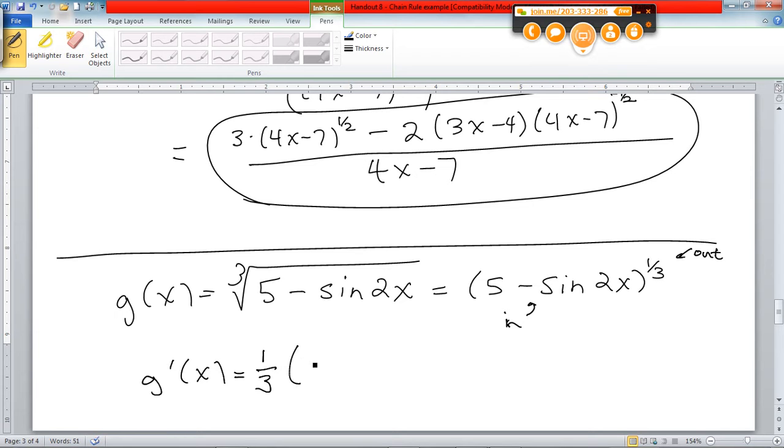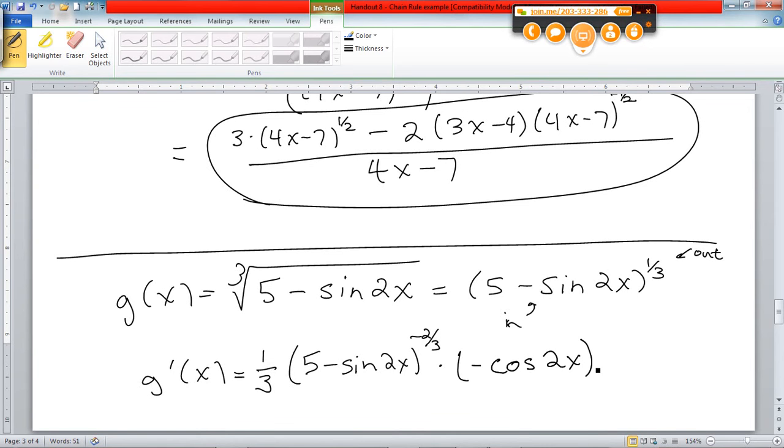Bring down the power, leave the inside the same, subtract 1 from the old power, which would be negative 2/3. Then I have to do the derivative of the inside. Well, the derivative of 5 is 0. The derivative of minus sine would be, the derivative of sine is cosine, so minus sine would be minus cosine, wouldn't it?